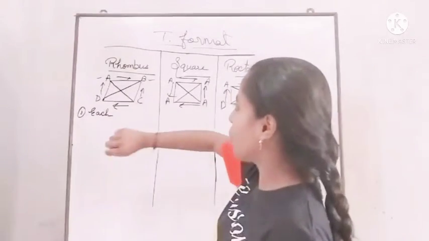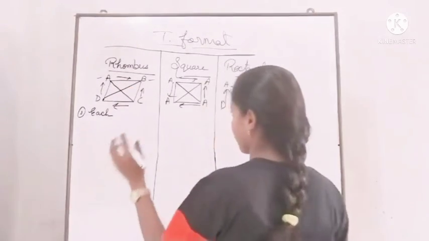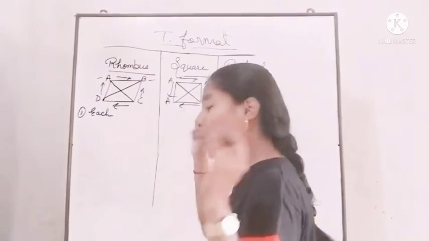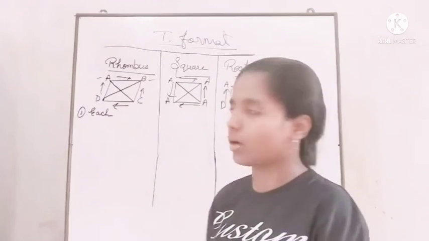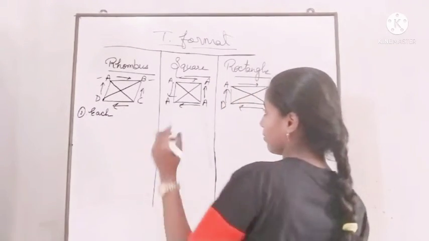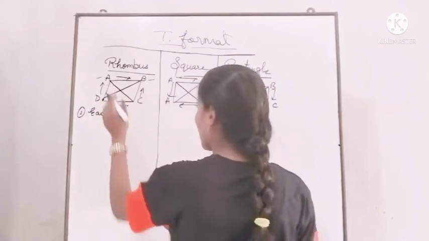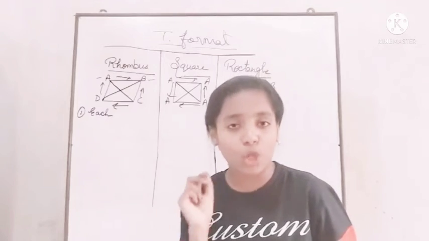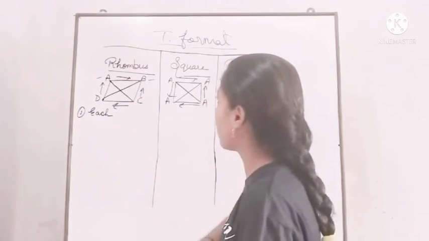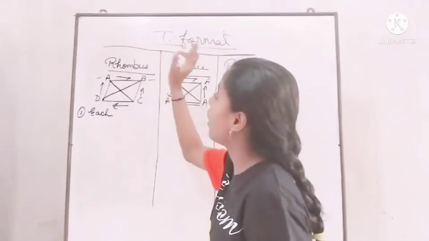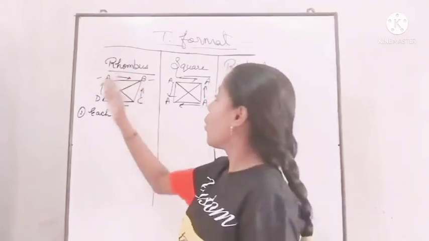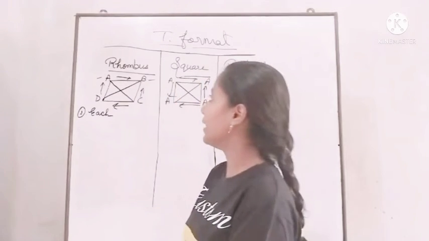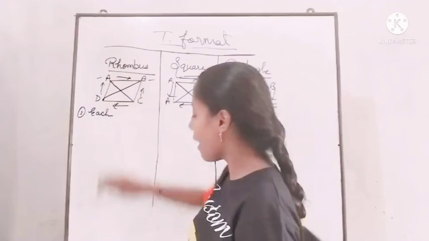Now, the first point of the rhombus says that the diagonals are perpendicular to each other when they bisect each other. What do I mean by this? I am talking about the rhombus right now, so correlate with the rhombus and don't look at these other points.